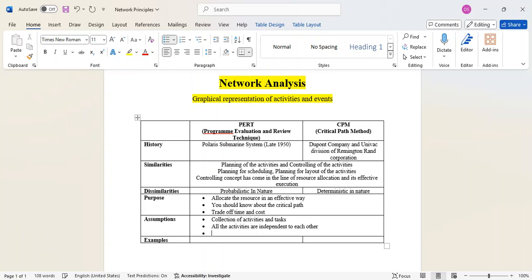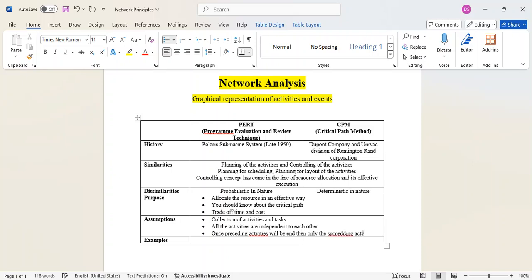The third one is that certain activities cannot start until others are completed. You can say that once the preceding activities end, only then will the succeeding activity be started.